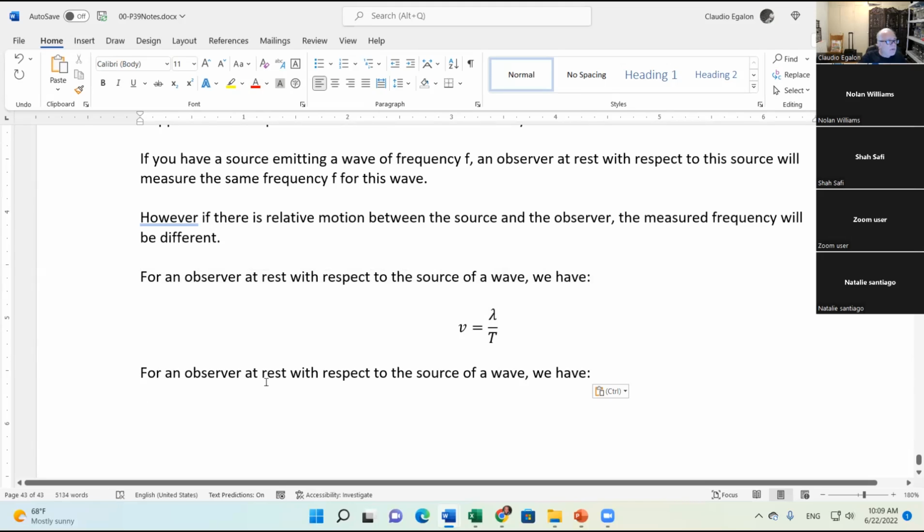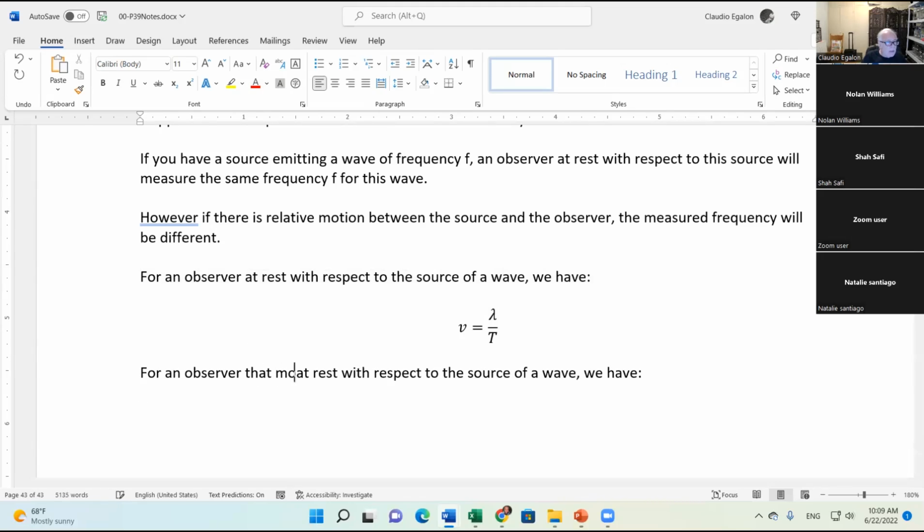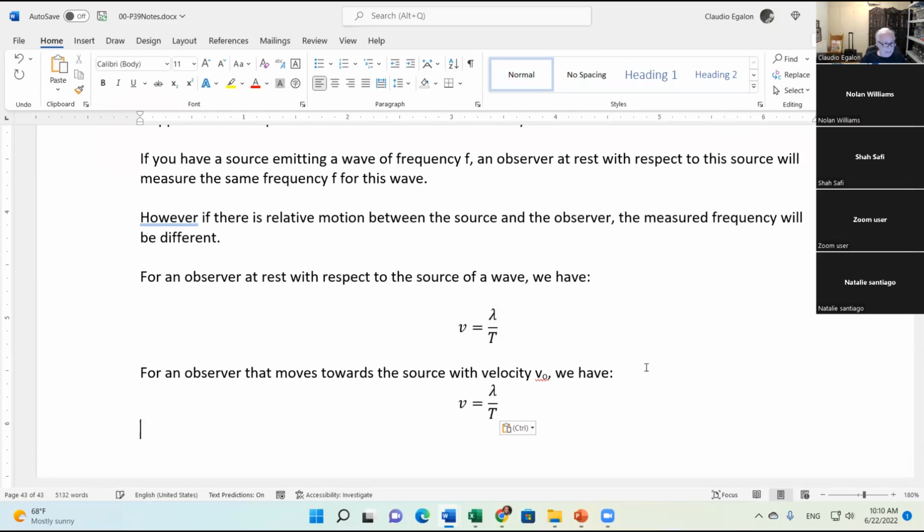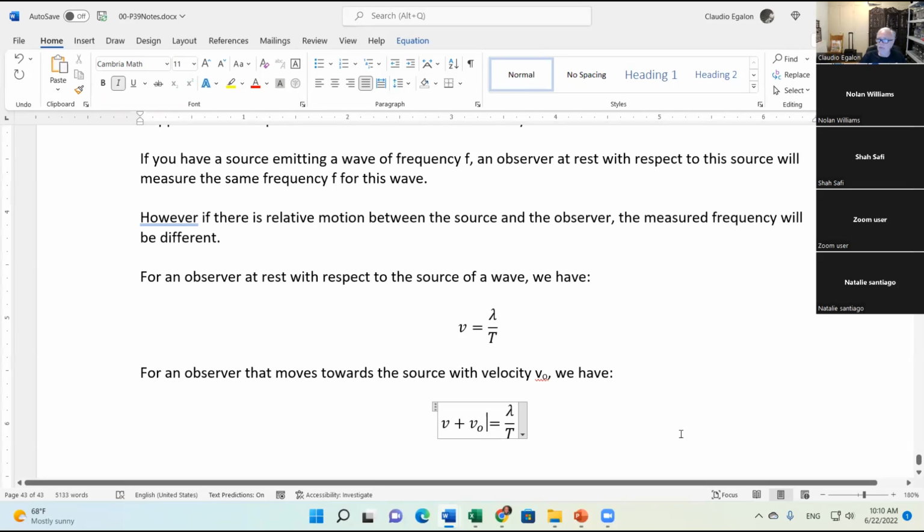For an observer that moves towards the source with velocity v naught, we have a different relation now. Now the relative velocity of the wave is going to be v, the velocity of the wave, plus the velocity of the observer.